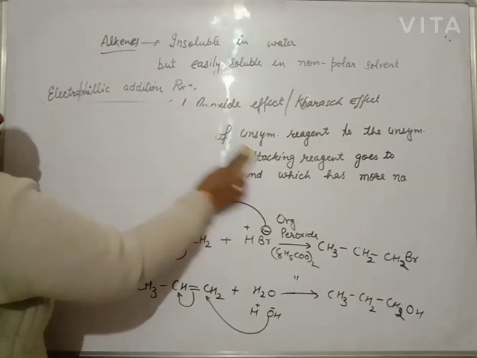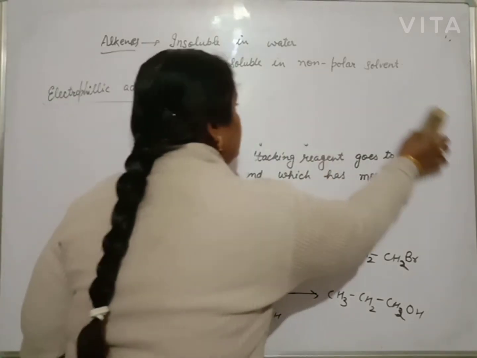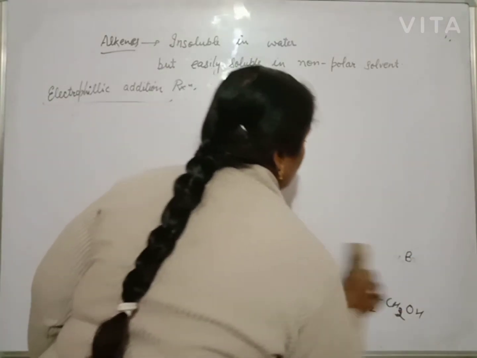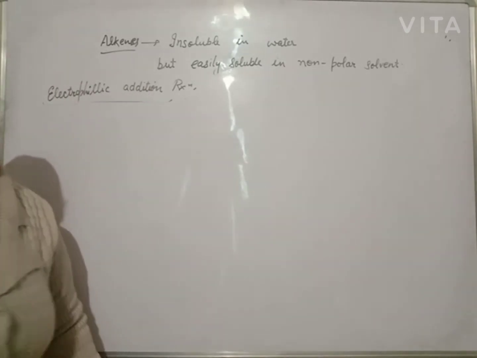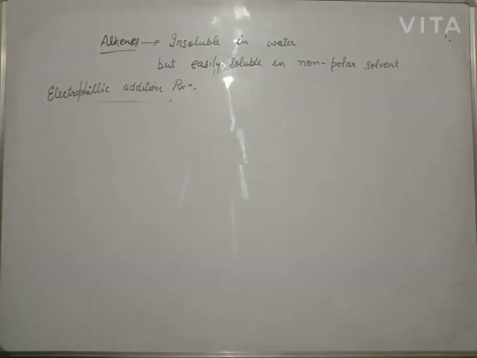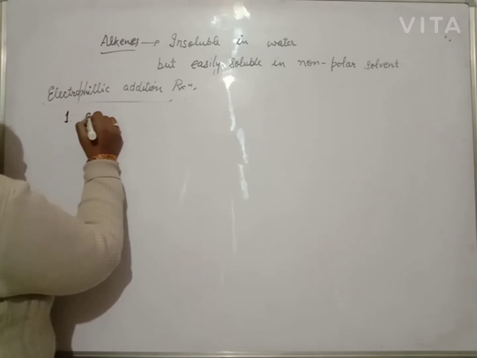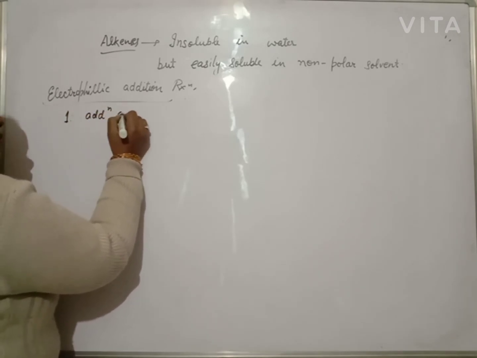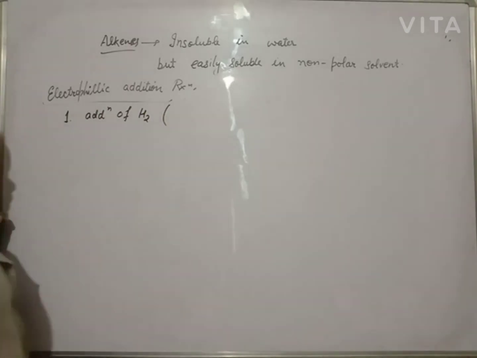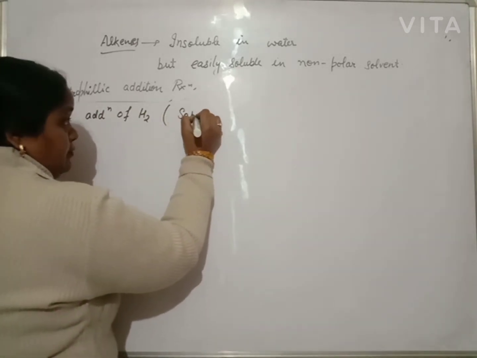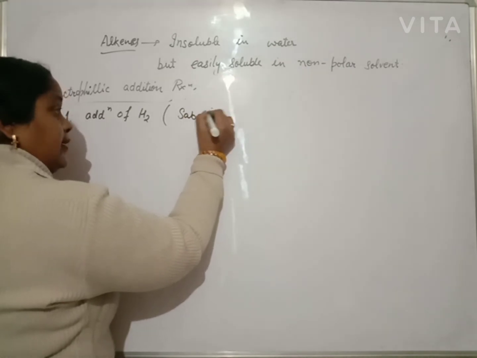Now electrophilic addition reactions. Beta, first of all, addition of hydrogen. This reaction you already studied under the heading Sabatier-Senderens reaction.